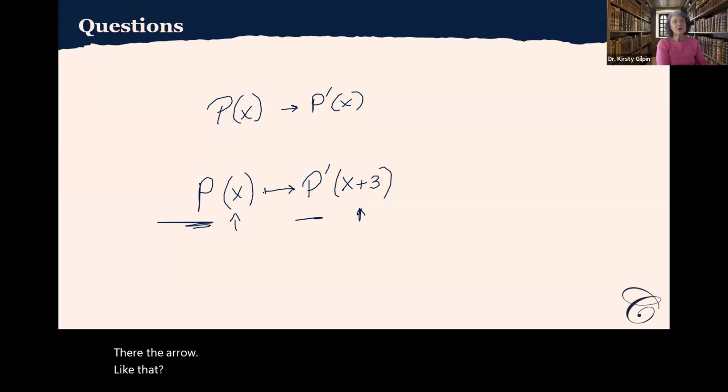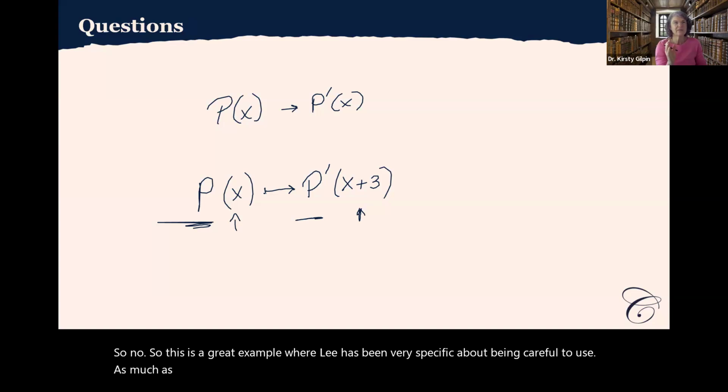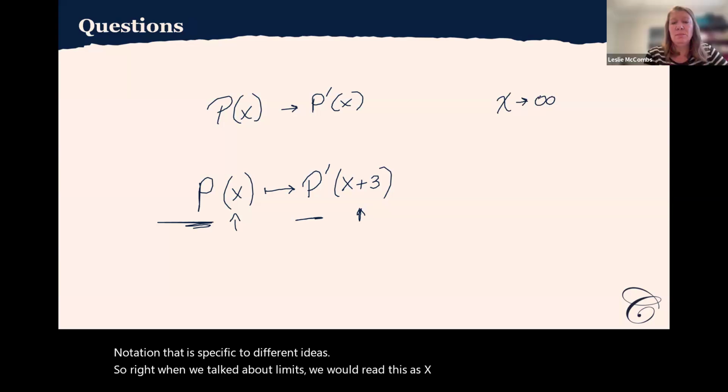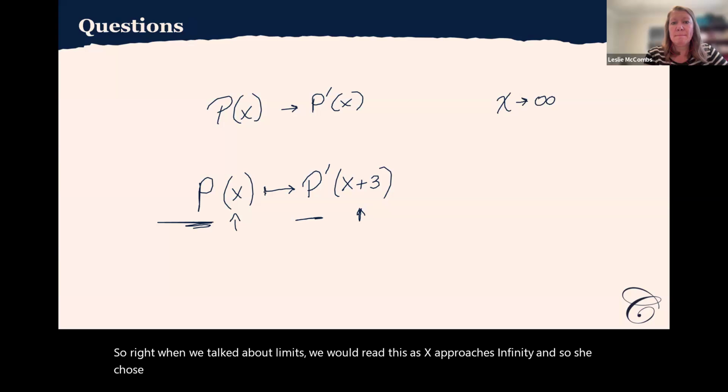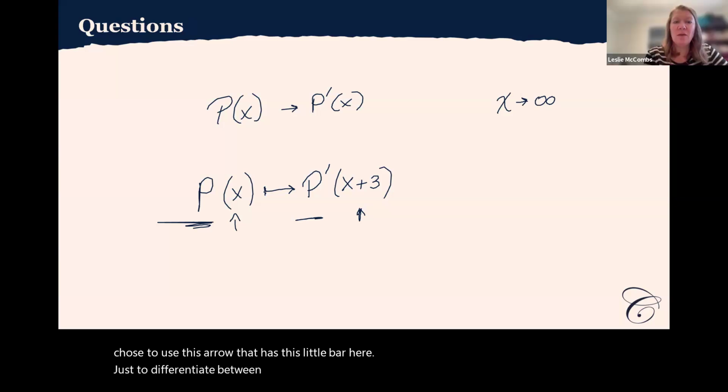So this is a great example where Lee has been very specific about being careful to use as much as possible notation that is specific to different ideas. So when we talked about limits, we would read this as X approaches infinity. And so she chose to use this arrow that has this little bar here, just to differentiate between the two. Okay, that makes sense.